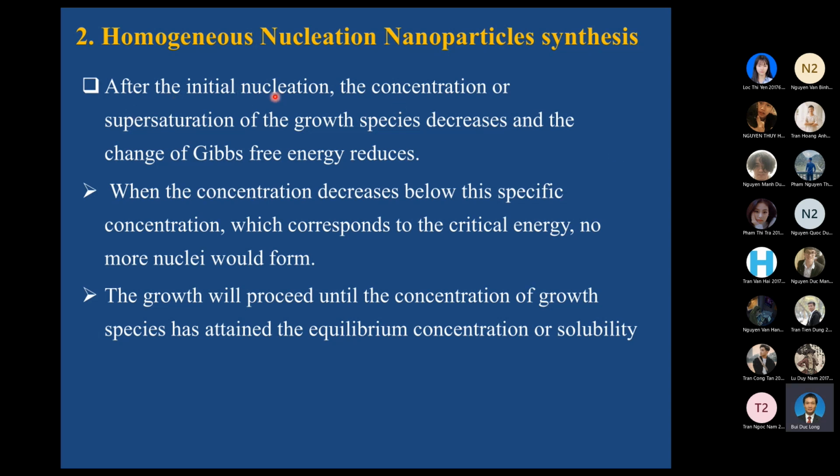After initial nucleation, the concentration or saturation of the growth species decreases, and the change of Gibbs free energy is reduced, which means the particle will grow. When the concentration decreases below this specific concentration, at a certain value, which corresponds to the critical energy, no more nuclei will form, but the particles continue to grow.